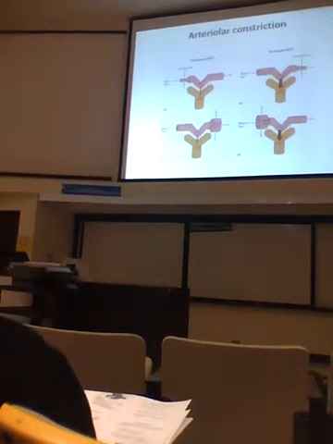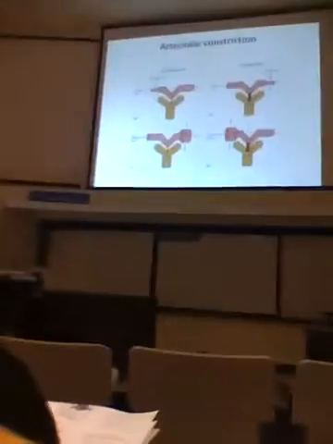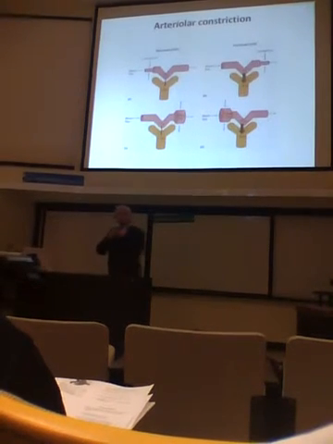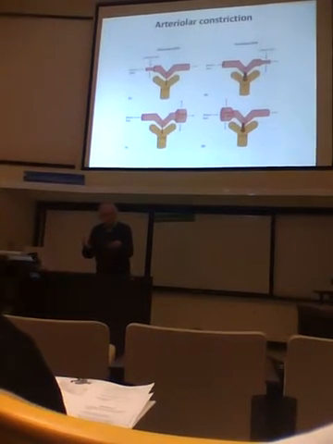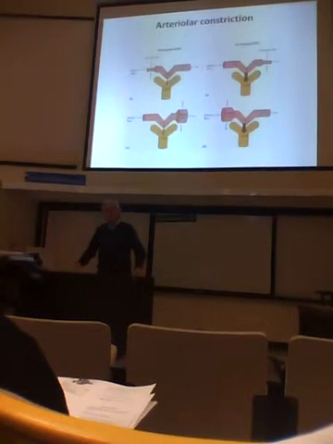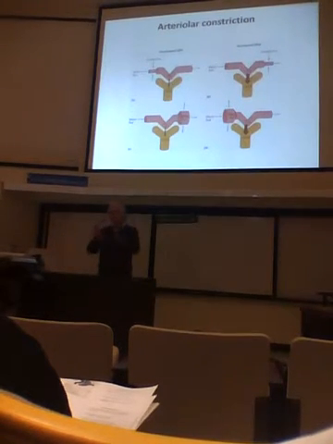So here is a mechanism for controlling the pressure in the glomerulus, controlling the filtration rate, controlling the amount of filtrate you produce, and ultimately controlling the amount that you pee out. That's the essence of autoregulation.